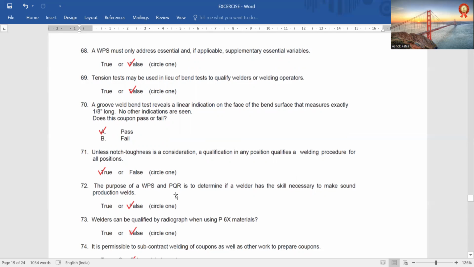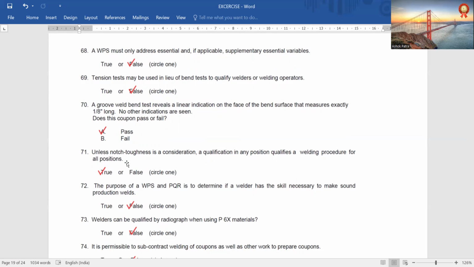The purpose of a WPS PQR is merely for position.